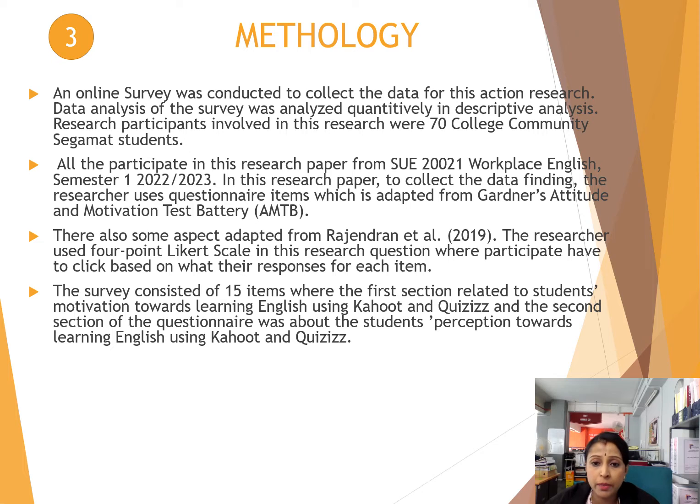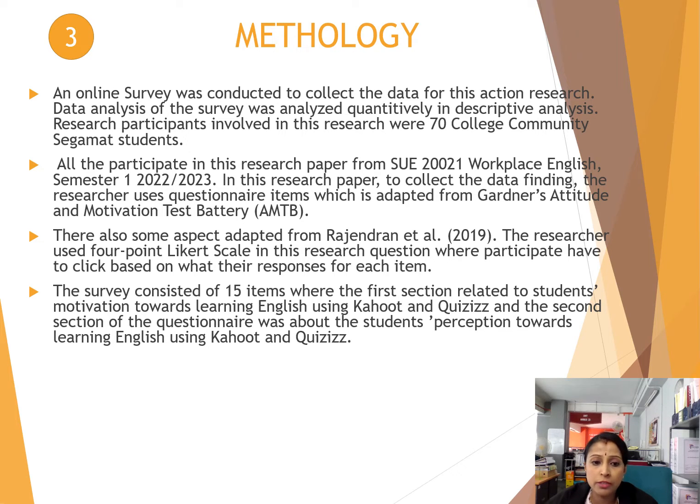In this research paper, to collect the data, the researcher used a questionnaire adapted from Gardner's Attitudes and Motivation Test Battery. There are also some aspects adapted from Rajendran 2019. The researcher used a 4-point Likert scale where participants had to click their responses for each item.